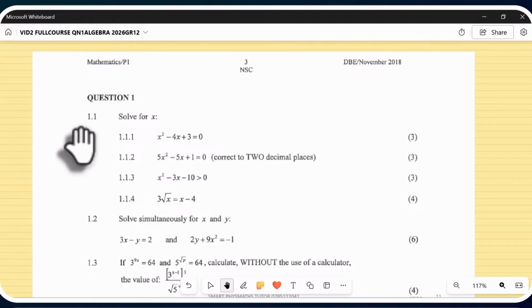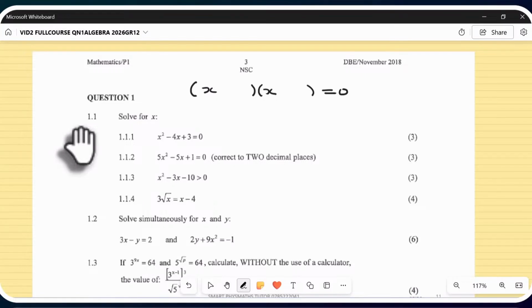So if you see what we have here, we have x squared. We're going to have two brackets here, that is x, then again x, equals to 0, right guys. From here, look for two numbers that multiply to get 3 and when you add, get negative 4.